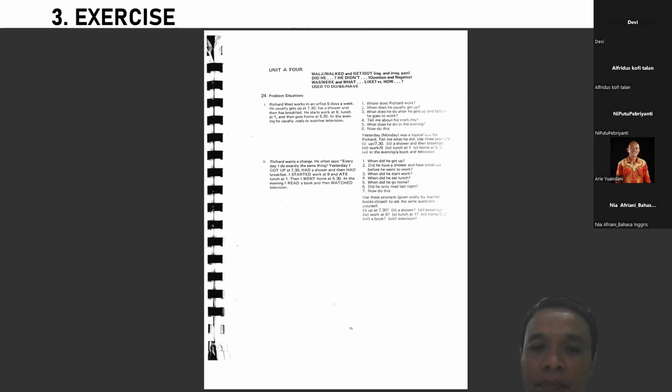That is work in the office 5 days a week. He usually gets up at 7:30 Half past 7. Has a shower and then has breakfast. He starts work at 9, lunch at 1, and then goes home at 5.